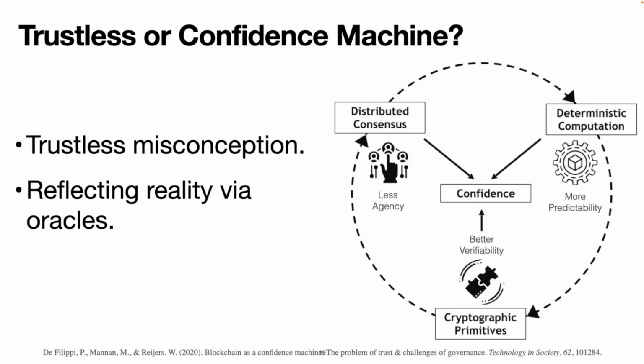Just to get a little bit off the topic here, there has always been this trustless or confidence machine misconception, where we assume that the blockchain can actually resolve trust between participants. But blockchain as a technology just reflects the real world. We can guarantee that we have an immutable transaction log, but that doesn't mean that the content of the transaction reflects what's happening in the real world, since it's coming from external actors, and they can easily lie or manipulate the data.